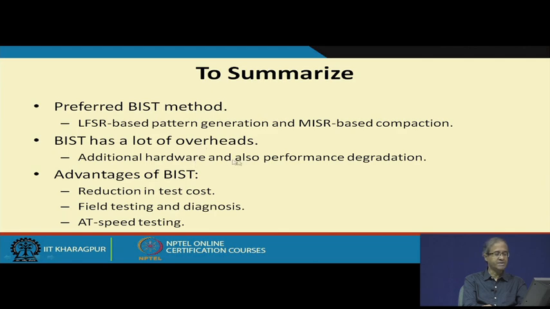You need the pattern generator, response compactor, control circuits, comparator, etc. But the advantages of BIST are also quite high, so that in many chip designs you may prefer to go for BIST because it gives you much higher convenience. Reduction in test cost, obviously, you can do testing and diagnosis in the field, and most importantly at speed testing. You can test at the clock frequency of the circuit.